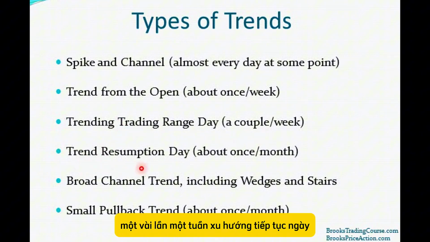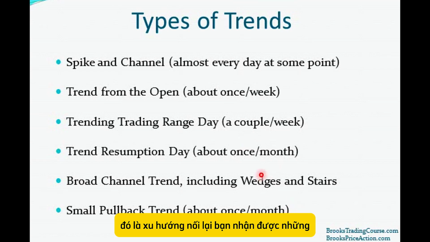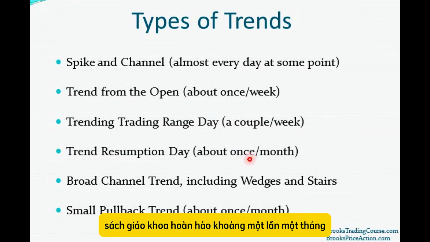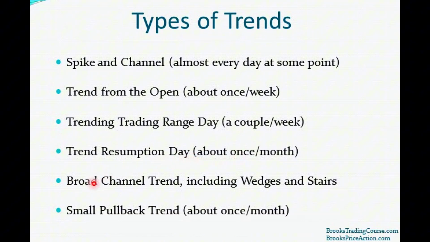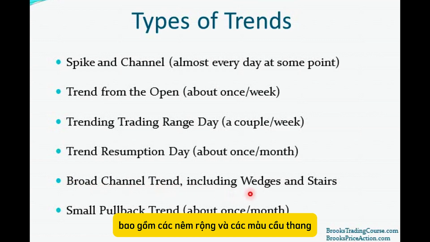Trend resumption day, for example, if the market sold off and then went sideways for 4 hours and then sold off again, that's trend resumption. The textbook perfect ones are about once a month, but different versions of it are more common than that. And then broad channel trends, including broad wedges and stair patterns.